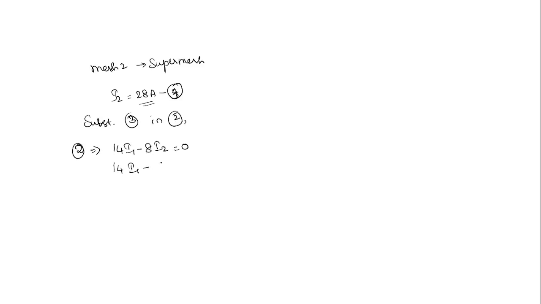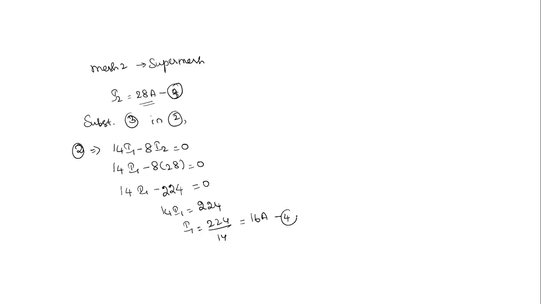So 14I1 minus 8 into 28 equal to 0. So this is 14I1 minus 224 equal to 0. So 14I1 equal to 224. I1 is equal to 224 divided by 14. So this will be equal to 16 ampere. Let this be equation number 4.